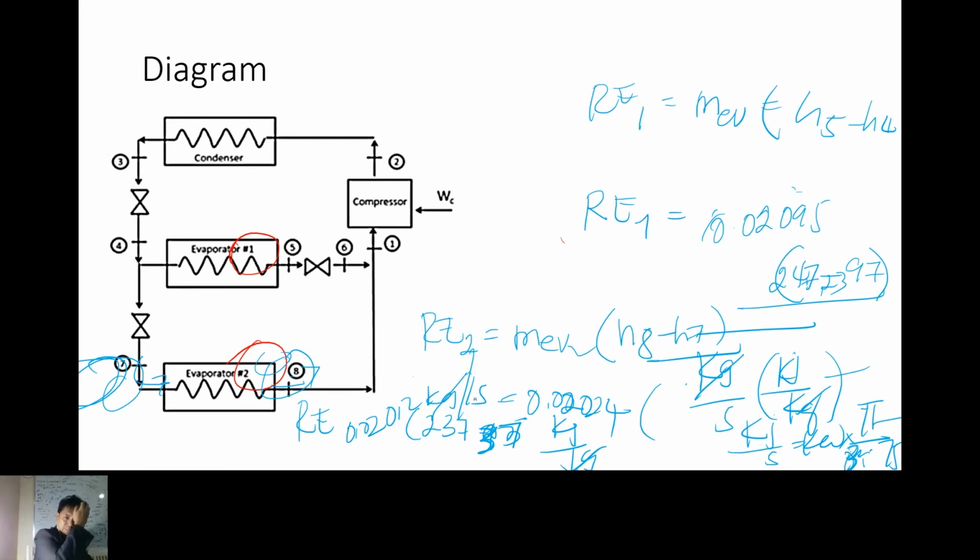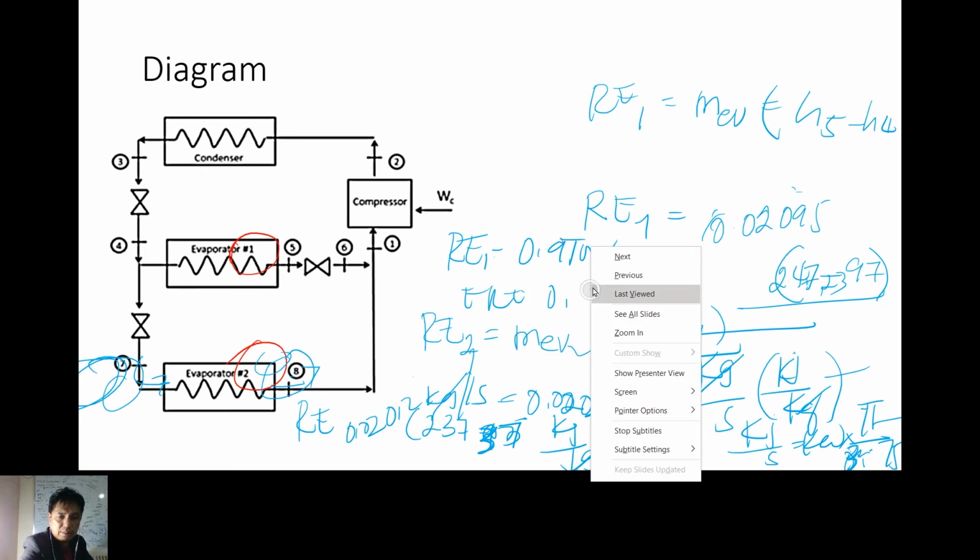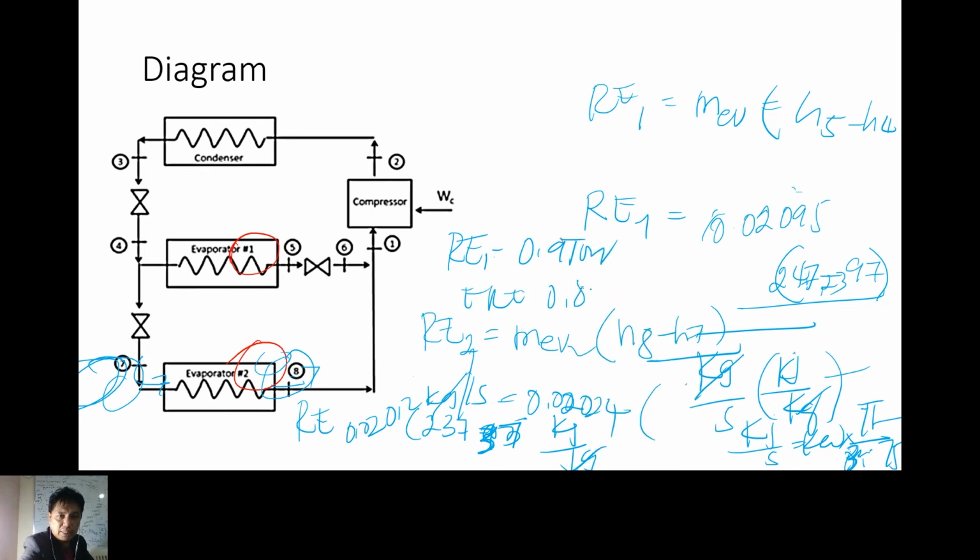So, it's kilowatt. If you are going to compute in terms of tons, RE1 will be 0.9 tons of refrigeration. RE2 is 0.8 tons of refrigeration. So they are now both in tons of refrigeration.